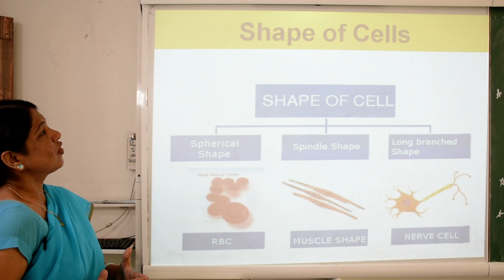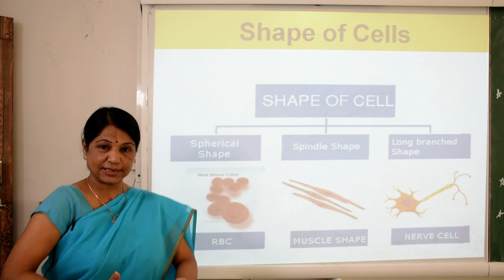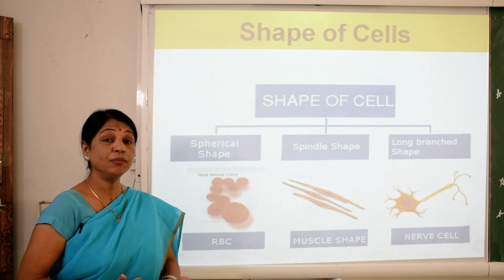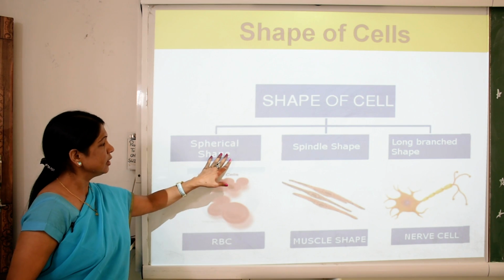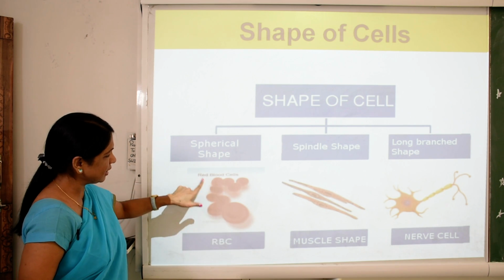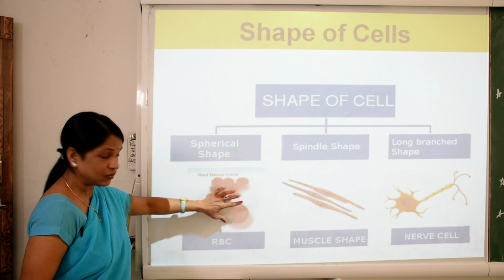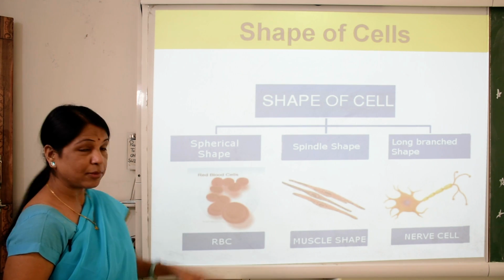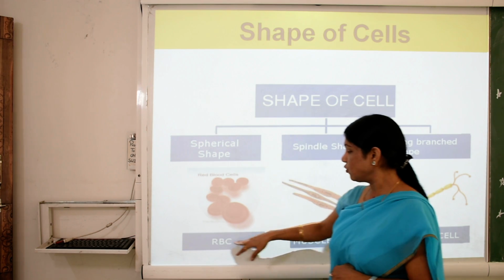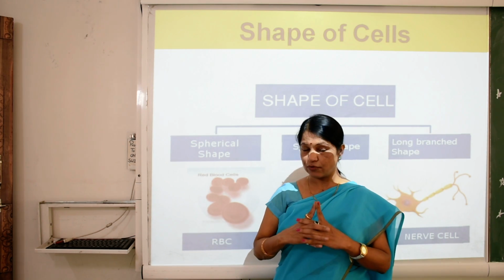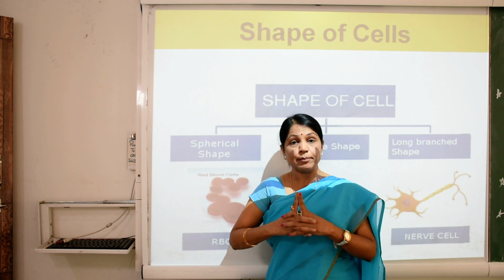Now further we talk about the shape of cells, and which types of shapes we find. Cells can have a spherical shape, like rod and blood type cells. Children, we have this type of spherical shape in our body. How? It is found in the form of the RBC.